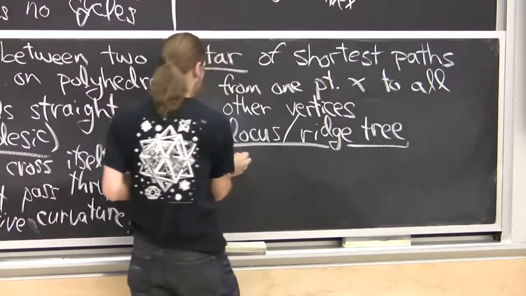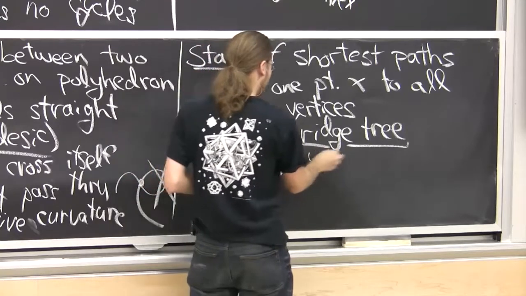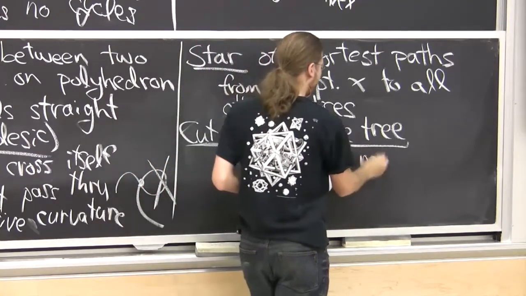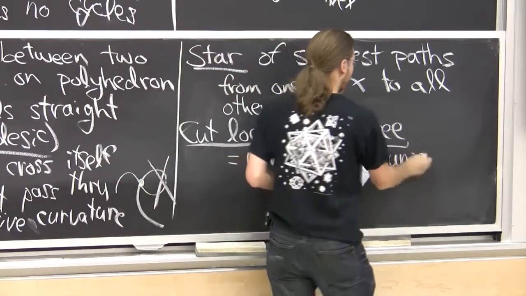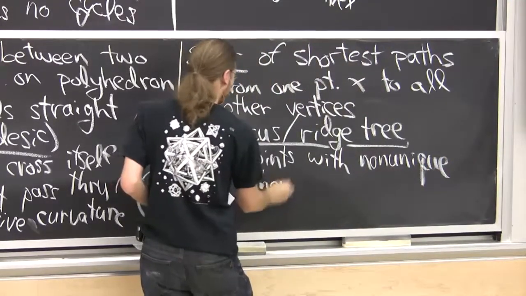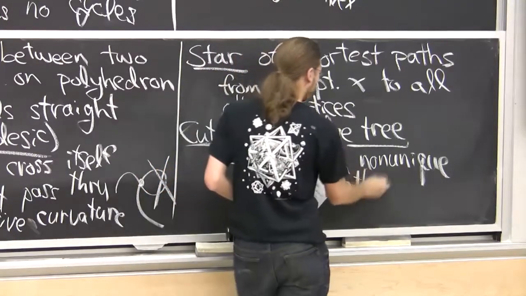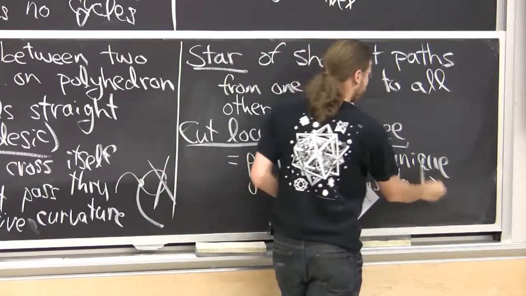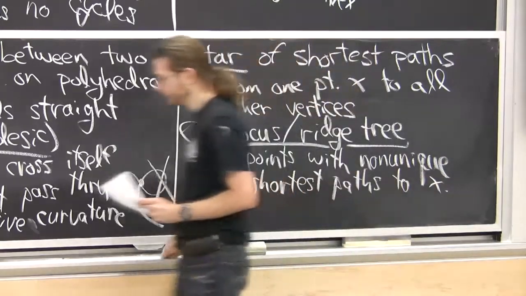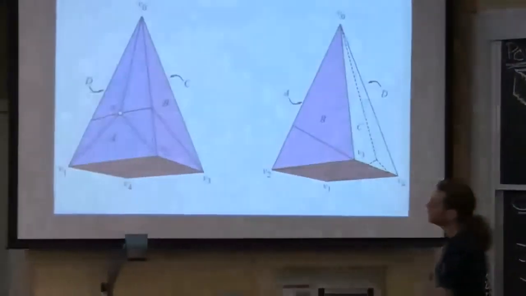And these are points with non-unique shortest paths to x. So we're fixing some point x, and boom. Here's a simpler polyhedron.